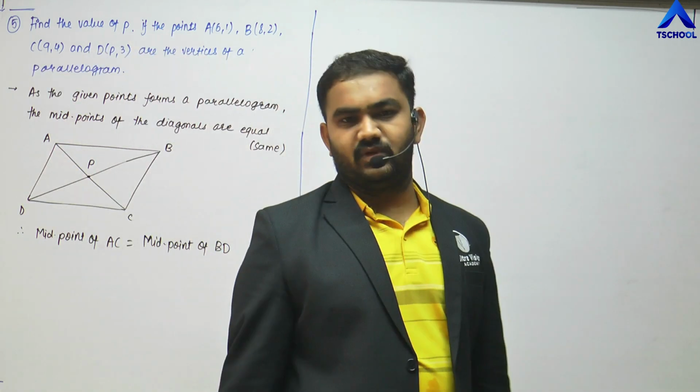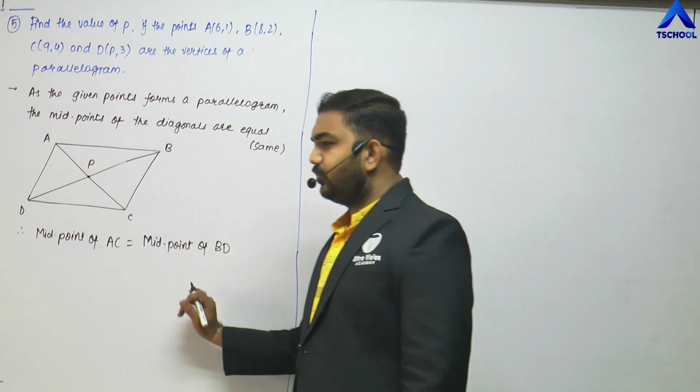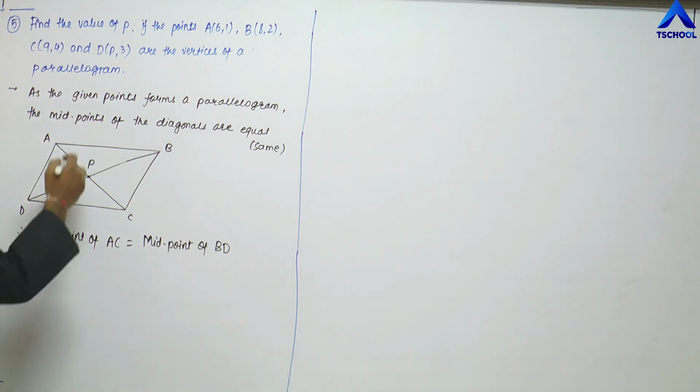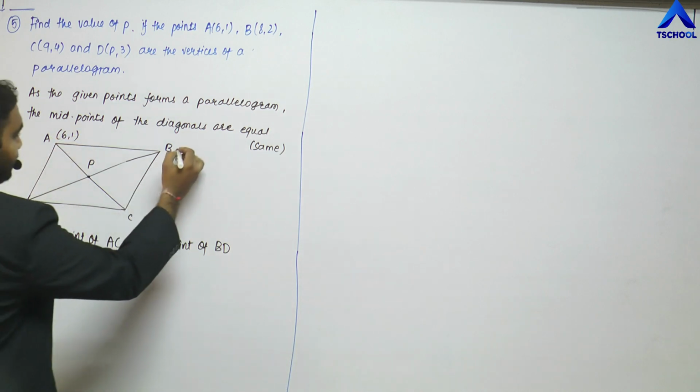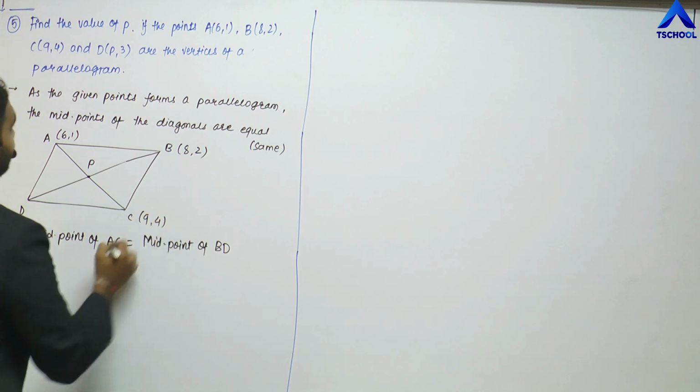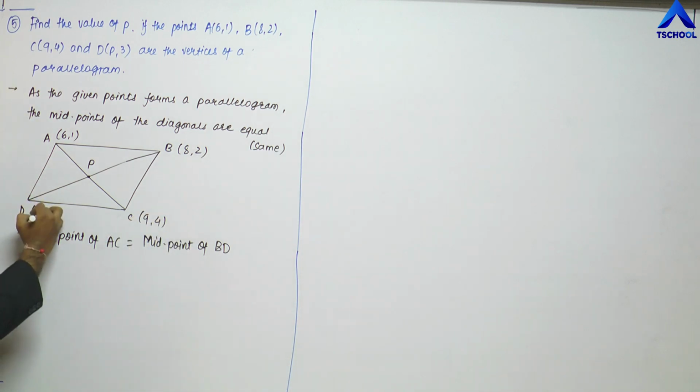Now friends, you can see that we have derived the special case of the section formula taking the ratio as 1:1, and there we got the midpoint formula, that was x1 plus x2 by 2 and y1 plus y2 by 2, right? So that was the midpoint formula, midpoint theorem. We shall use that midpoint theorem here. So we have the coordinates, let me write it down here: 6,1; 8,2; 9,4 and P,3. So these are the coordinates given to us. So let us apply the midpoint formula.